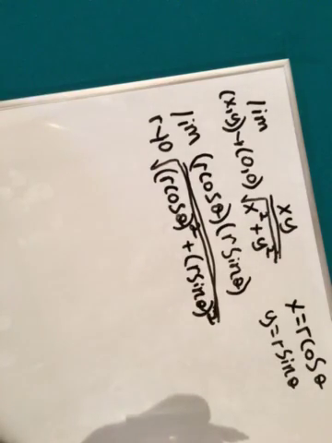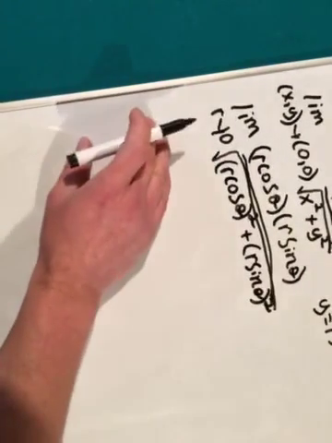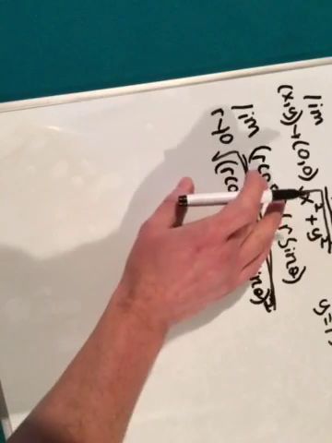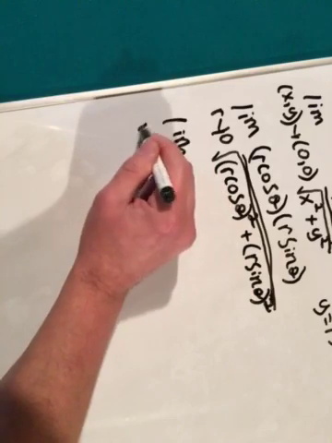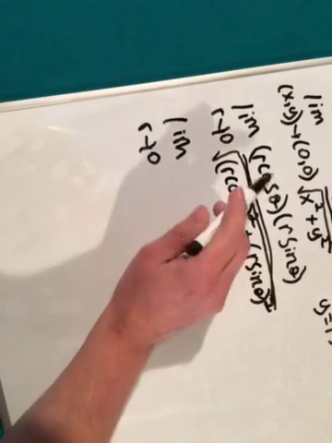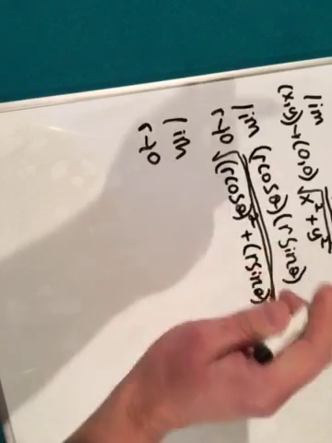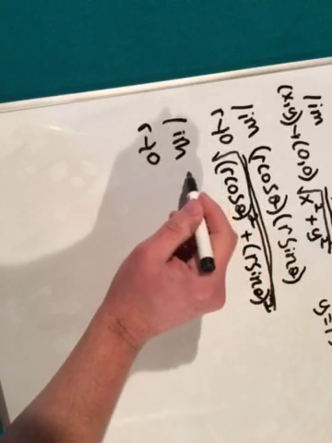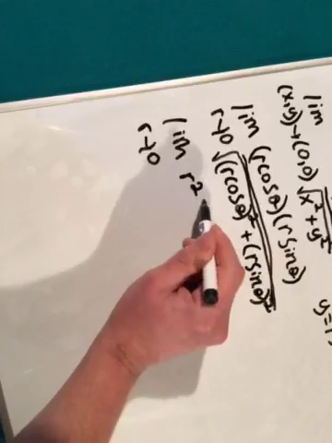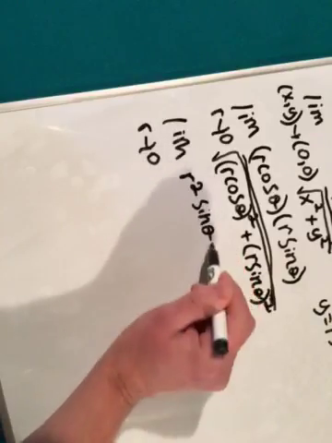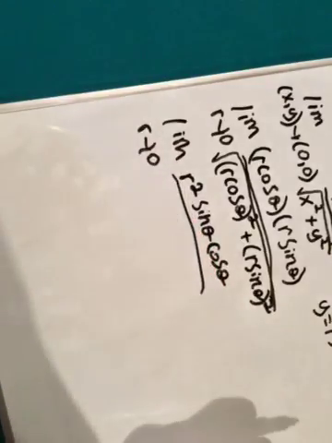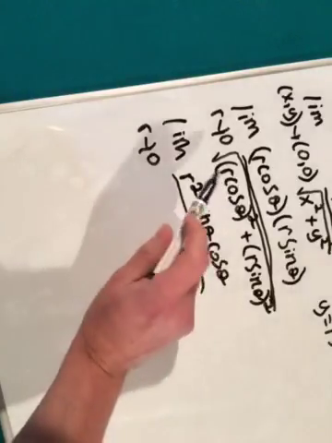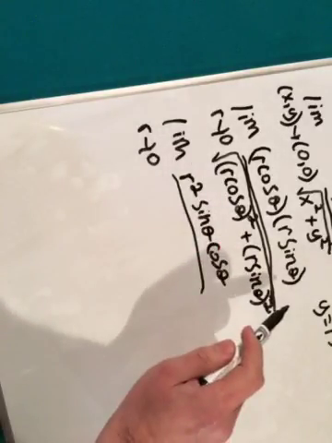Okay. Well, can we clean this up? Absolutely. What do we have on top? We have r times r. So we have the limit as r approaches 0 of r squared sine theta cosine theta, over, on the bottom, we have an r squared here and an r squared here.